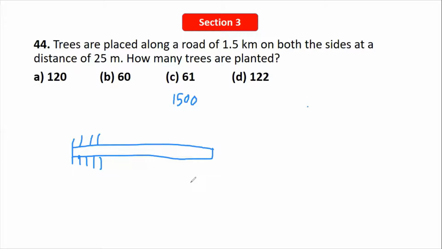There's 60 gaps, so there will be 61 trees on one side. So there will be 122 in total. So that's the answer. Now I'll erase everything.